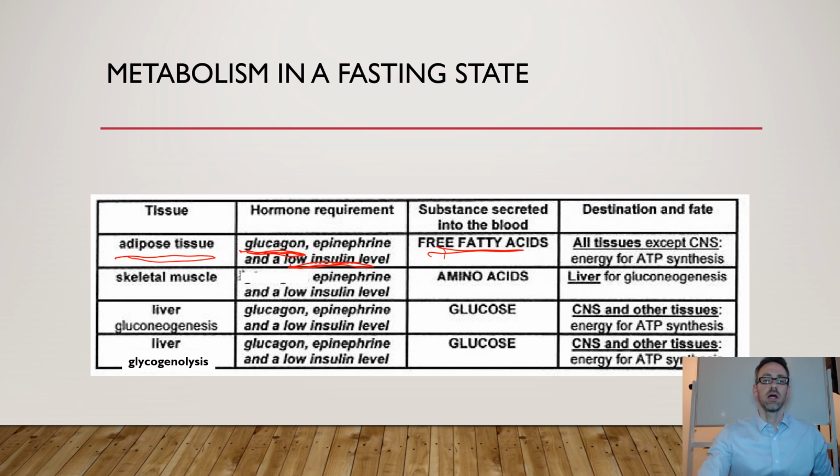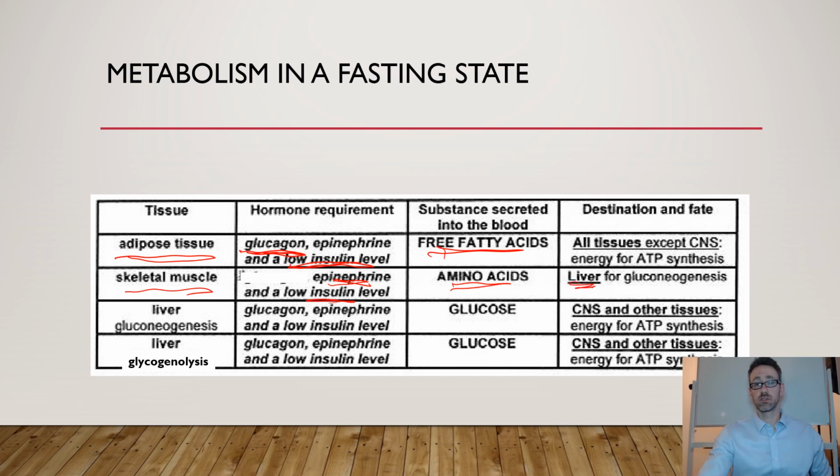Then in the skeletal muscle during fasting, again this would be, say, epinephrine and low insulin levels, but not necessarily glucagon here. We'll see an increase in the amino acids in the blood. The reason is it's breaking down the proteins in the skeletal muscle and releasing the amino acids to the blood, which get taken up by the liver.